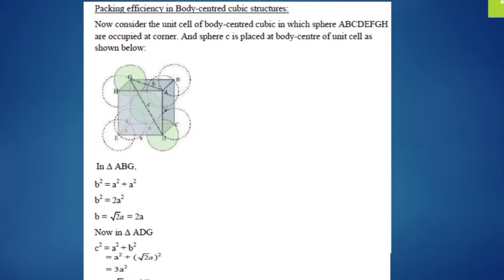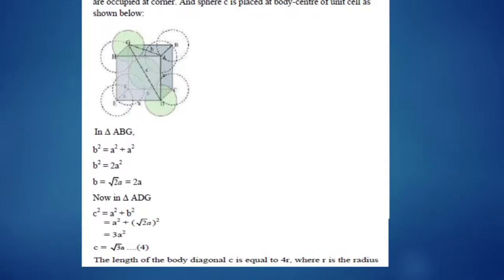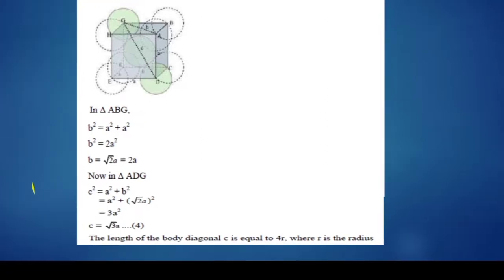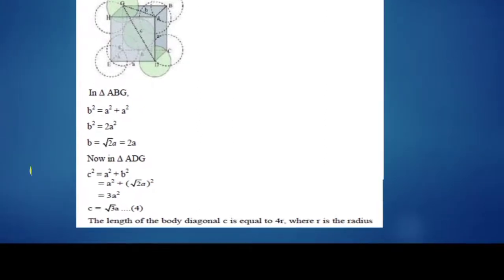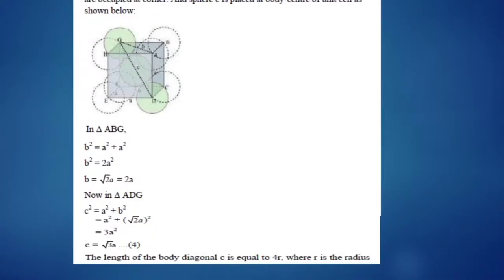Here triangle ABC is considered, and the diagonal is b square, which is a square plus a square. b square is equal to 2a square, b is equal to square root of 2 a.